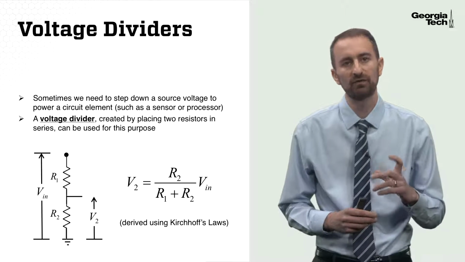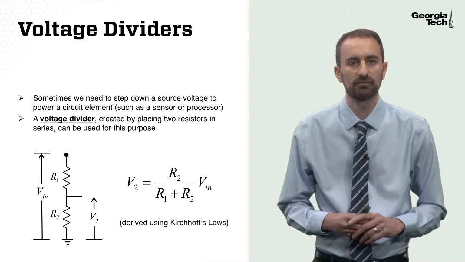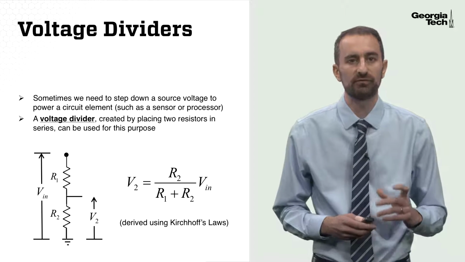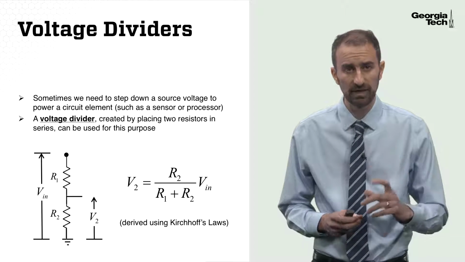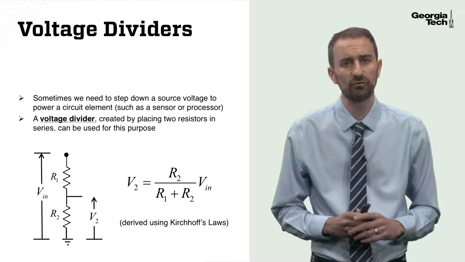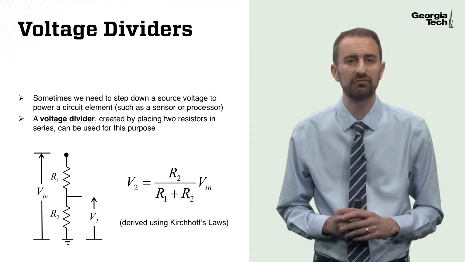And there's a combined voltage drop across this series connection of resistors. That combined voltage drop is labeled as Vin. If we then measure the voltage drop across just the second resistor R2, we can call that V2. And V2 is less than Vin.